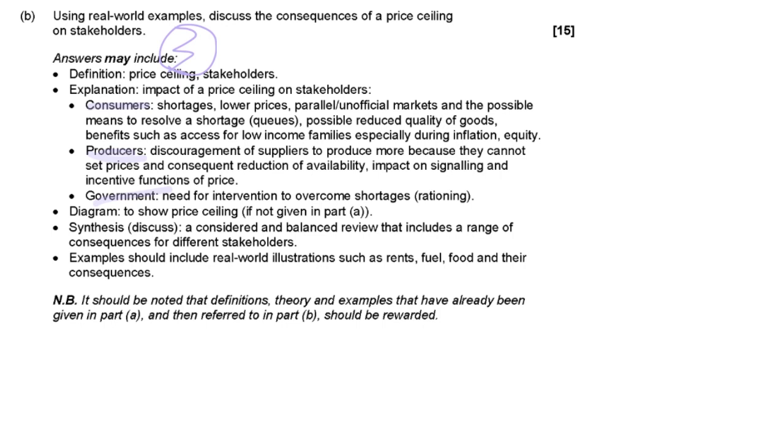If you recall, in part A we discussed that there are shortages and lower prices. These are, I would say, not good; these are the common effects we discussed for a price ceiling. There are other things we might discuss.